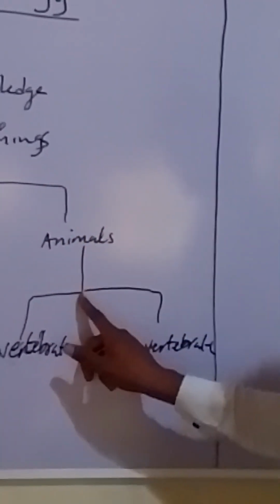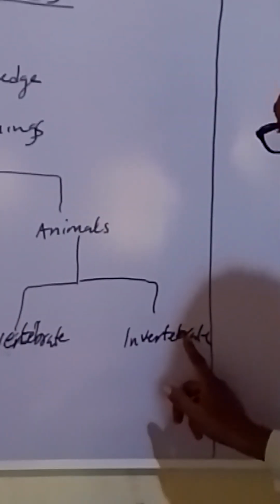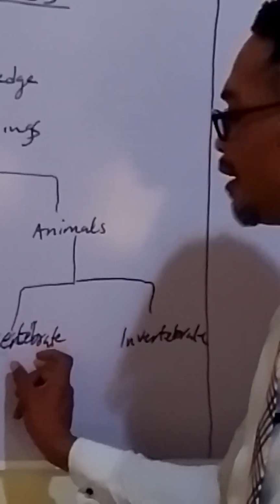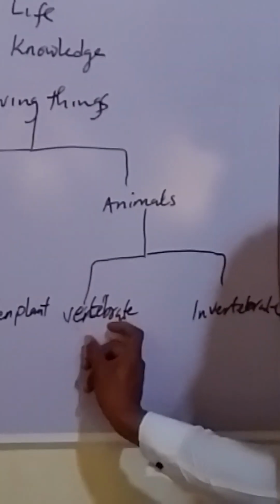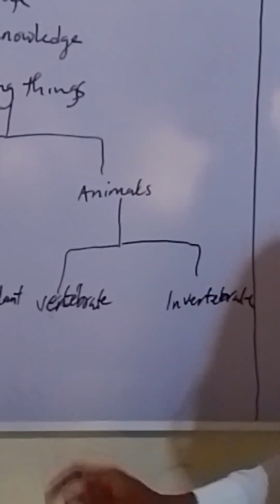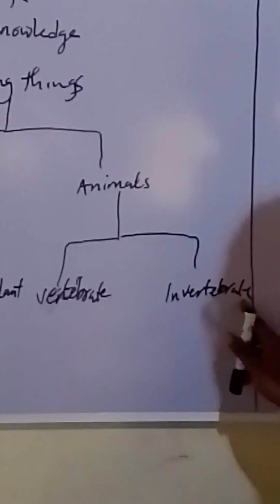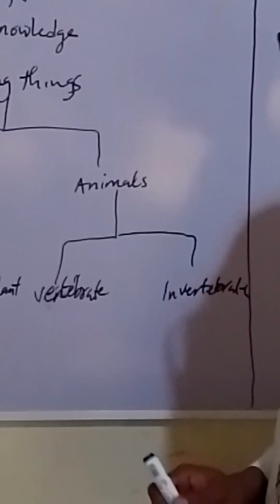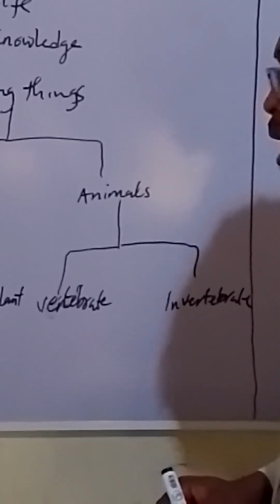Now, from animals, we have vertebrates and invertebrates. The vertebrates are animals that possess a backbone, while invertebrates are animals that do not have a backbone.